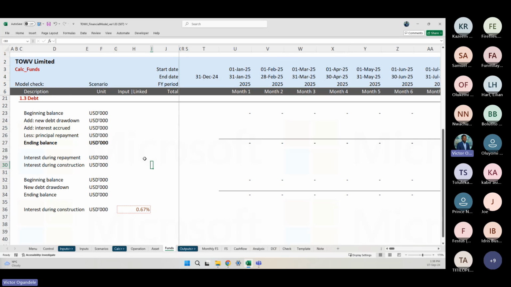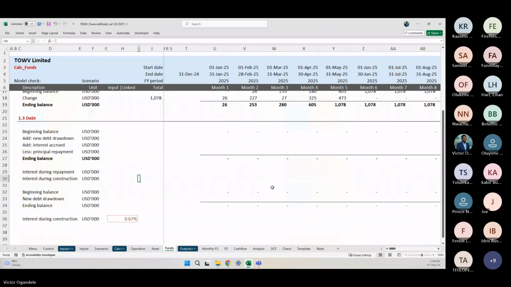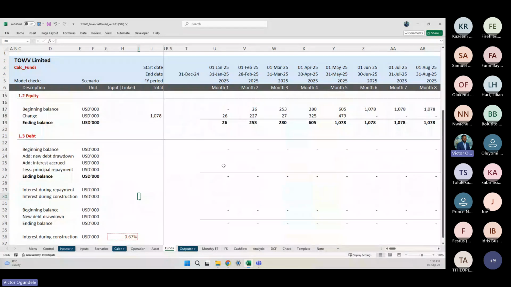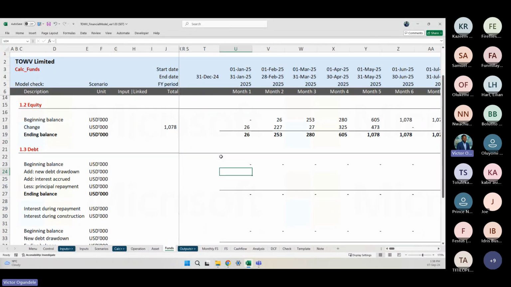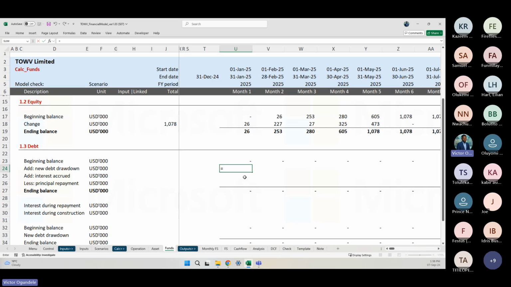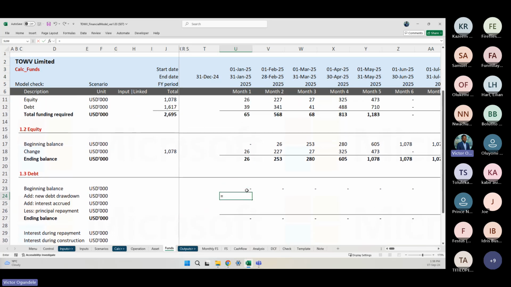All right. So with what we have, the first thing, let's link our drawdown. Let's link our new debt drawdown. So equal to, just link that to our what? Our new debt inflow.